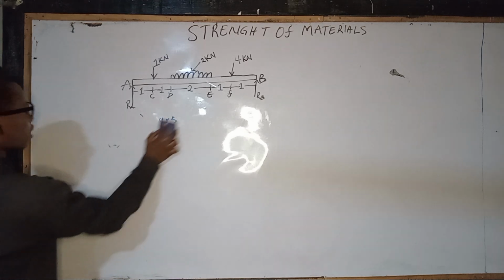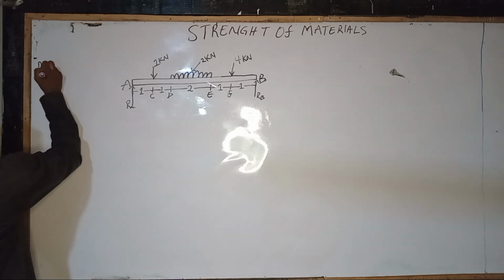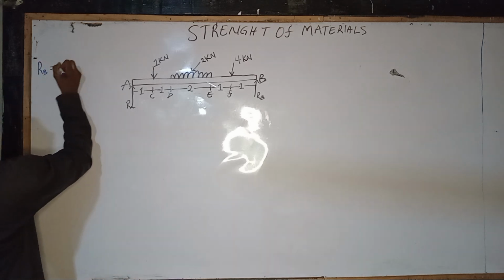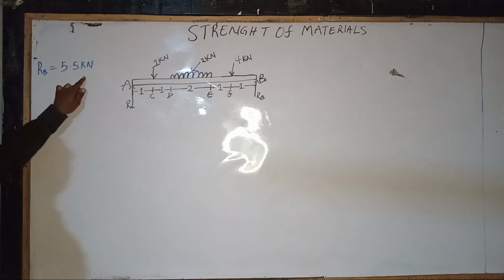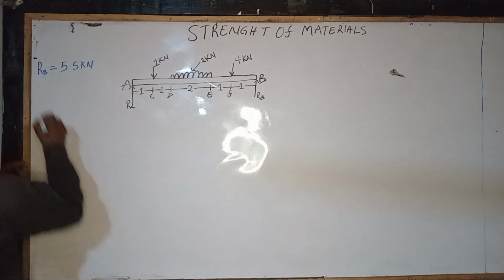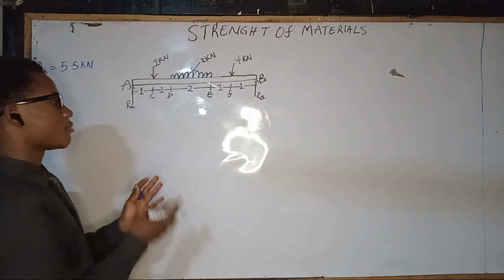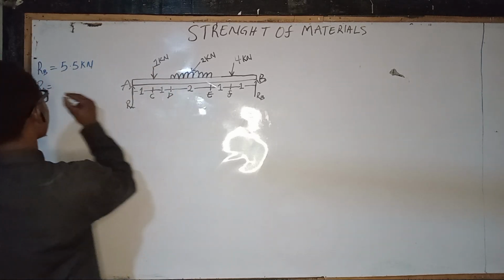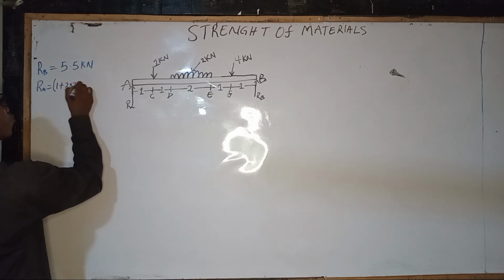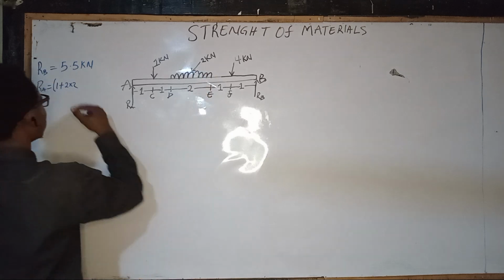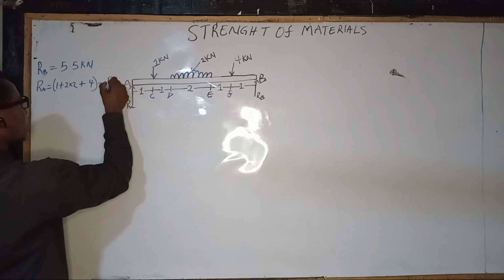Let me write it here. Our reaction at B is equal to 5.5 kilonewton. Then our reaction at A is equal to the total shearing force minus our reaction at B. The total shearing force is, in brackets, 1 plus 2 times 2, plus 4, minus our RB.